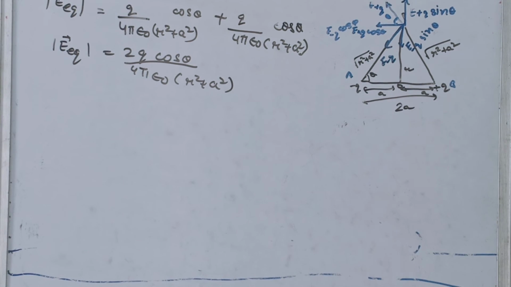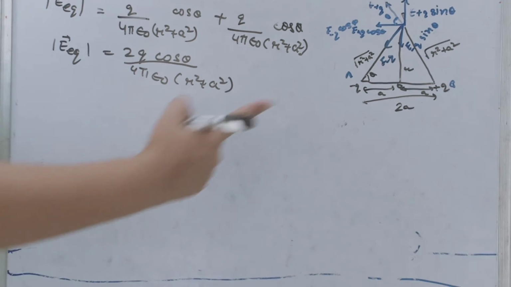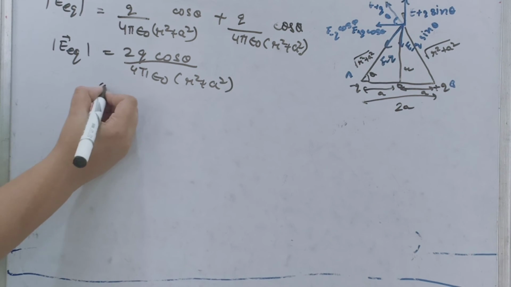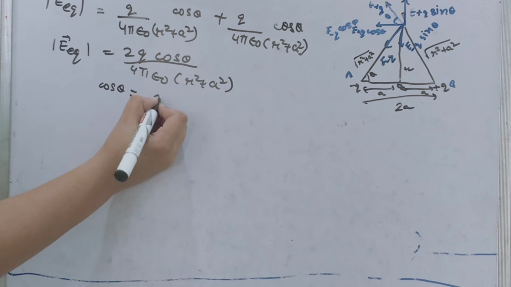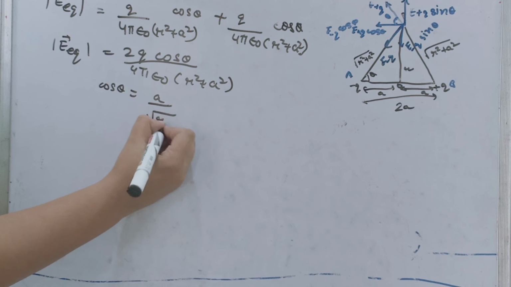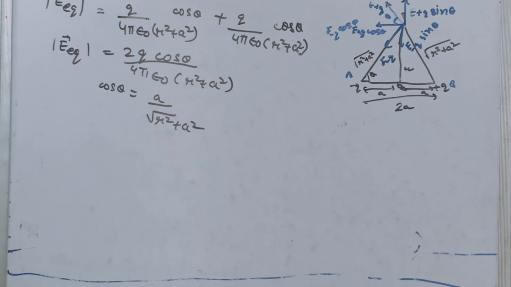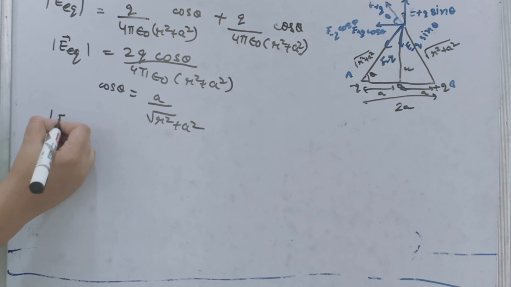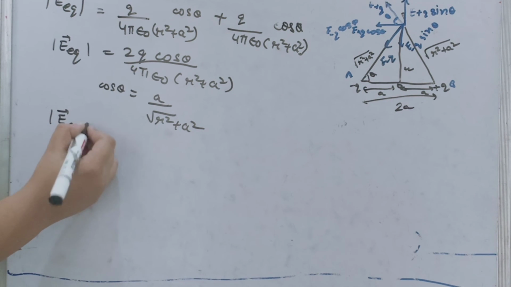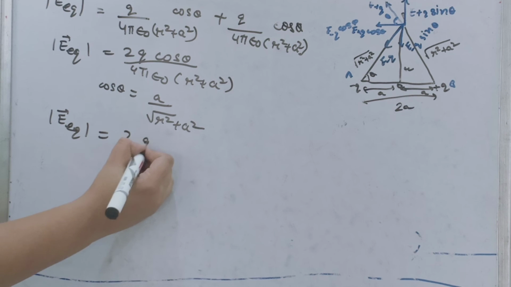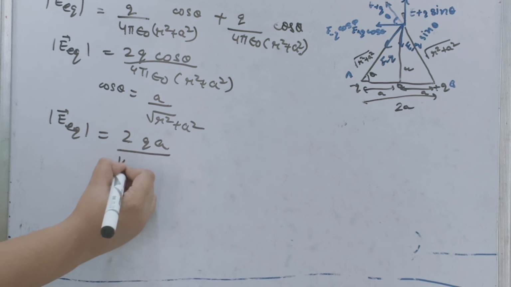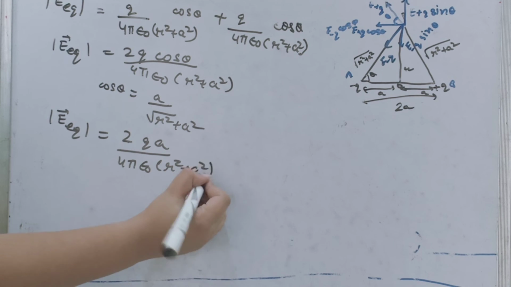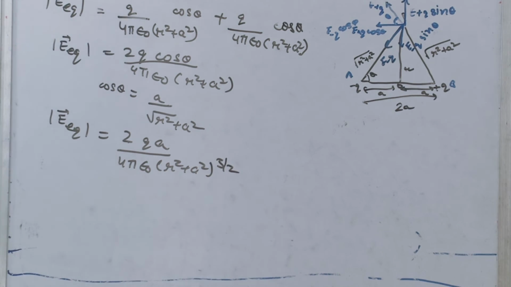Fine. Now see what is the value of cos theta from this equation. Cos theta is equal to a upon under root of (r square plus a square). So putting this value back here, we get E equatorial is equal to 2qa upon 4 pi epsilon naught (r square plus a square) raised to power 3 by 2.